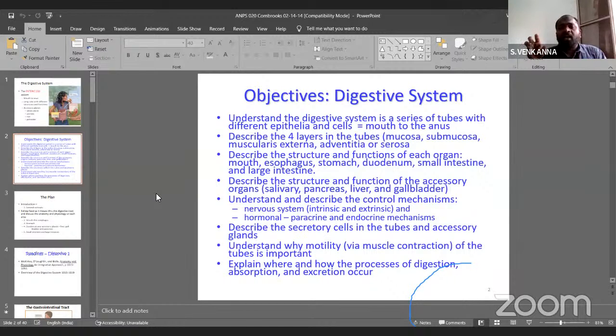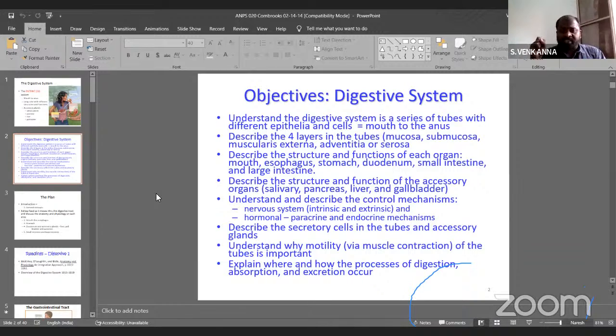Voluntary muscles are controlled by the mechanism of nerves. The CNS, central nervous system, commands all the organs. Hormones are secreted by the pancreas and endocrine mechanisms.